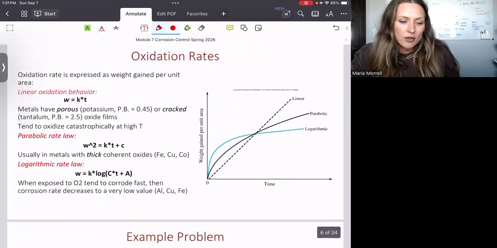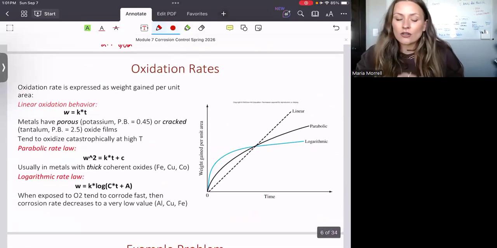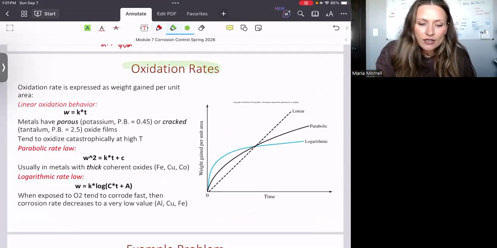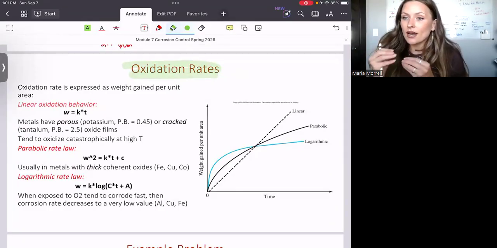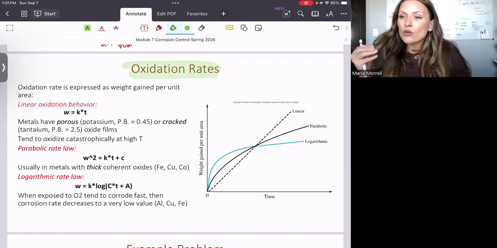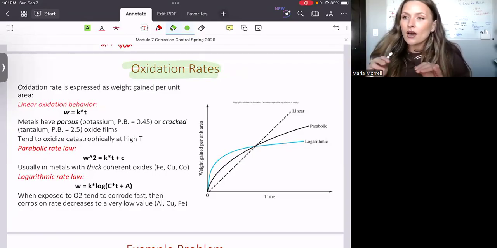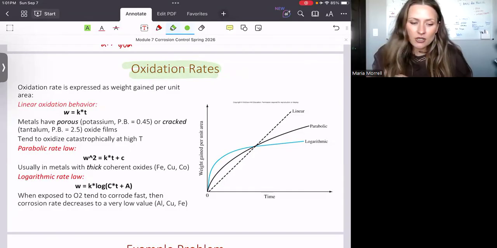Now, we solved this problem. A little bit more on the oxidation rate. Typically, the behavior of the oxide being formed on the surface can be described by three mathematical expressions, right?